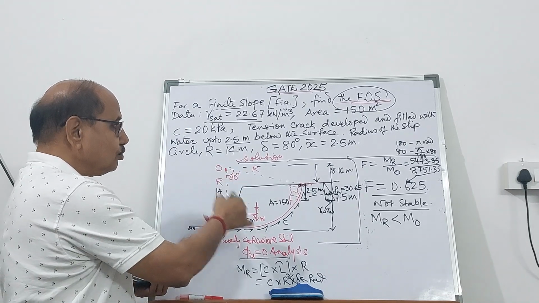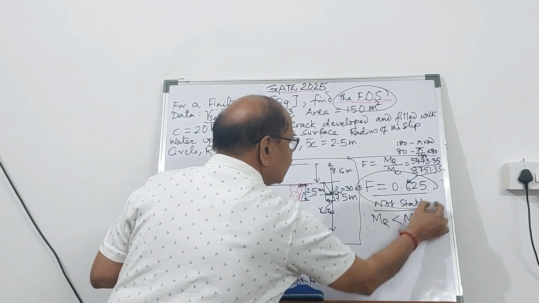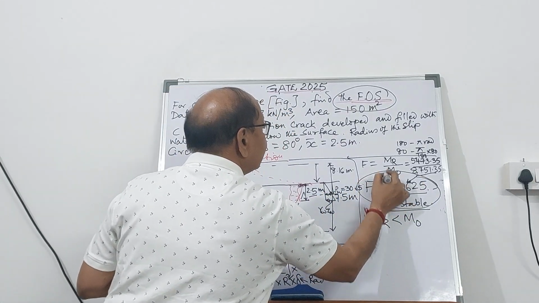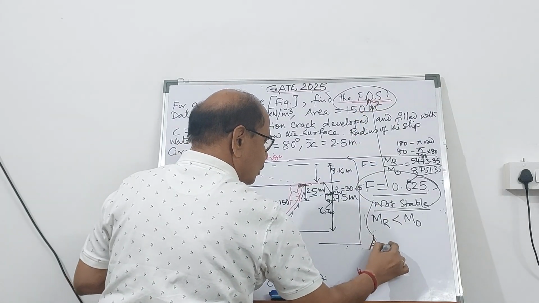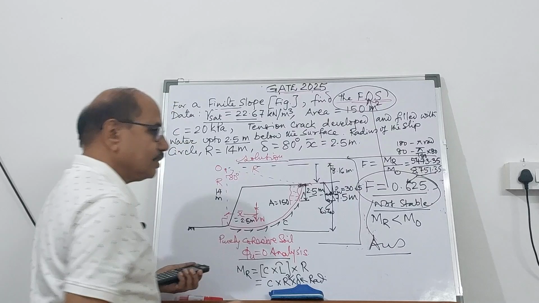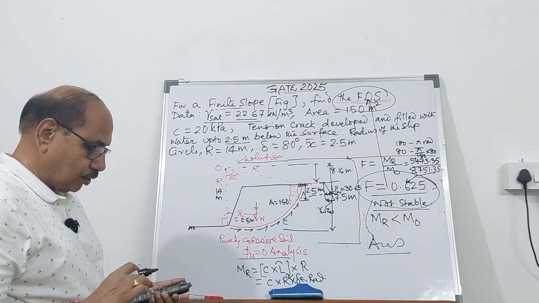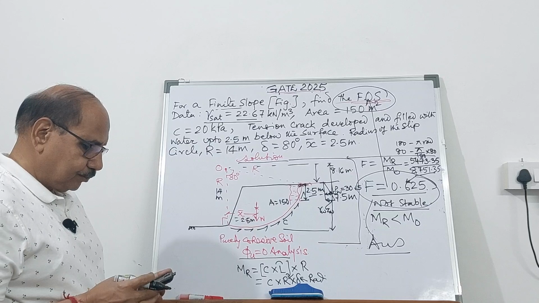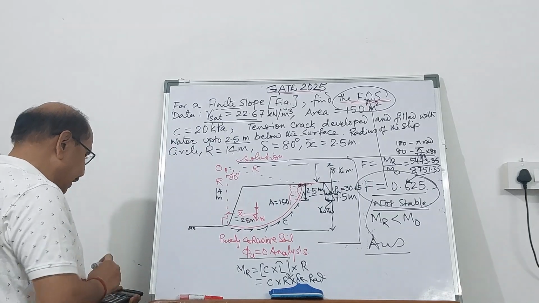So if you see those, this is the final answer. So the factor of safety we have been able to calculate. The answer is 0.625. I hope you have understood in totality, and I have tried my level best to explain this. I will go to the next problem now.